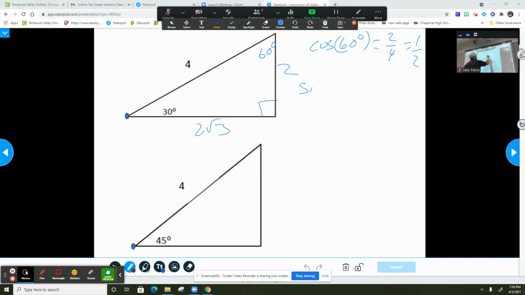If I do sine of 60 degrees, that's opposite, that's 2 rad 3 over 4, reduces to rad 3 over 2. Okay, so cosine of 60 degrees is 1/2, sine of 60 degrees is rad 3 over 2. Again, do those numbers look familiar to the unit circle?